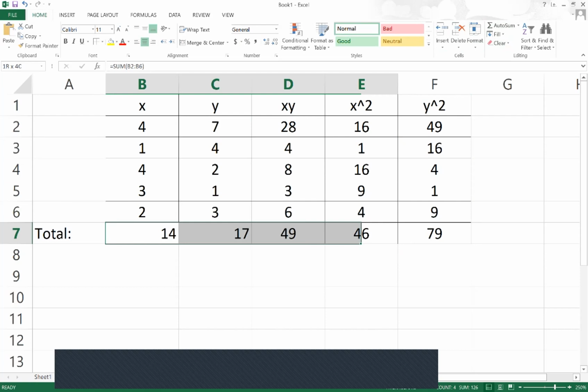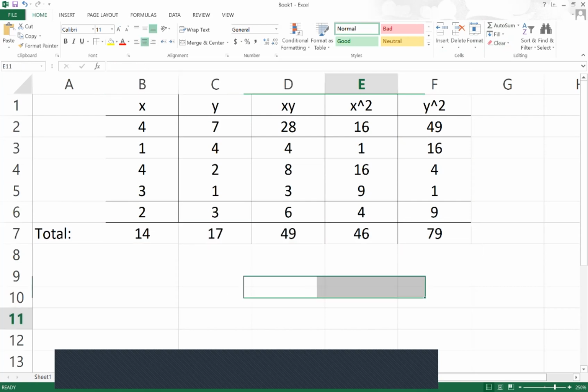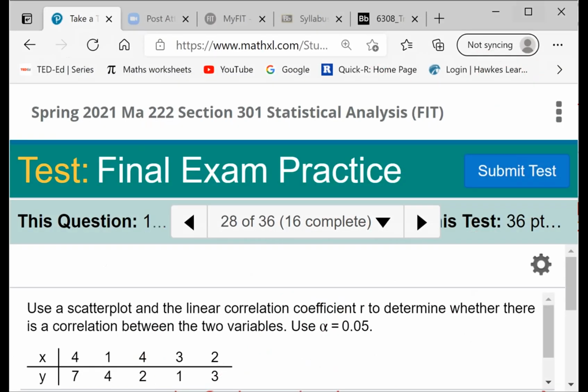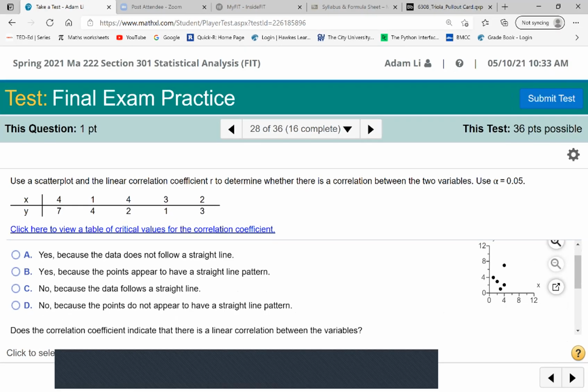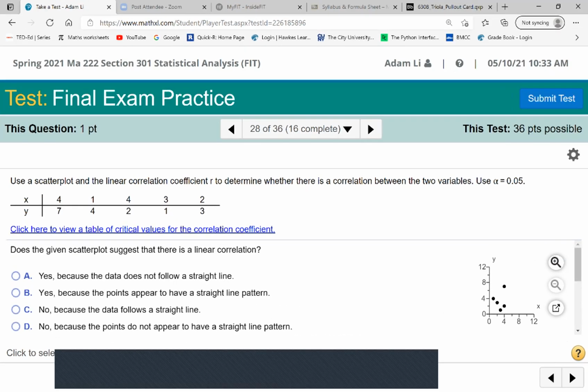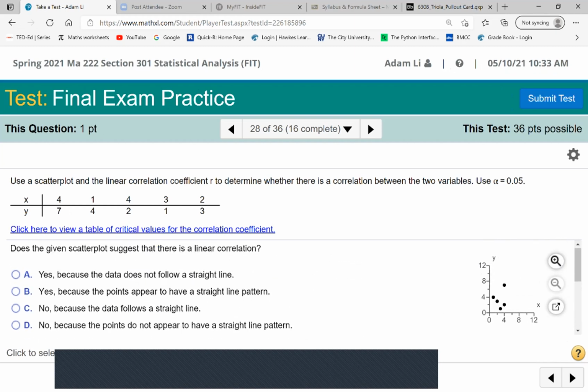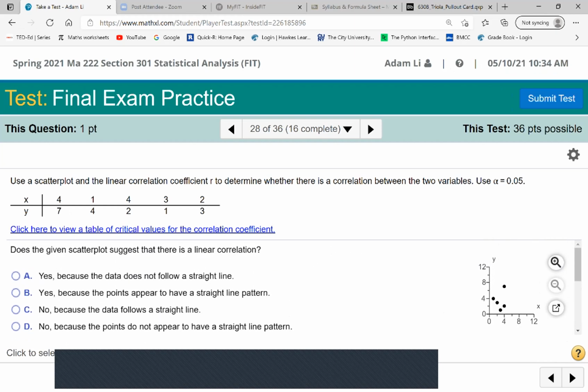Okay. And we need to calculate B0, B1 also, right? Let's see, what do they want us to calculate? So quickly look it up. Given the scatter, does that suggest a linear correlation, meaning we need to calculate the R, right? That's the only thing we need. Okay.